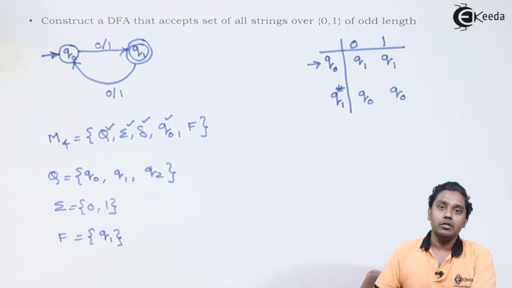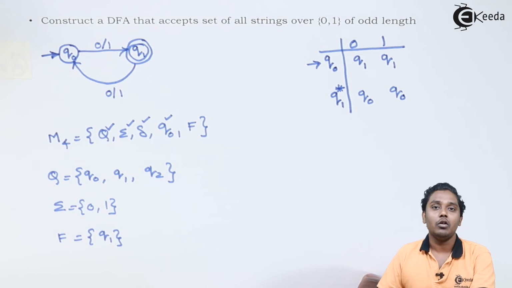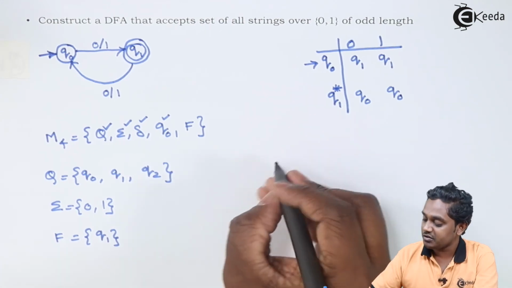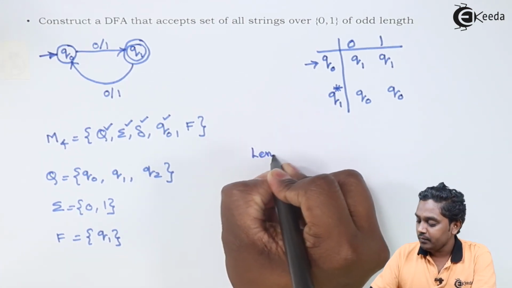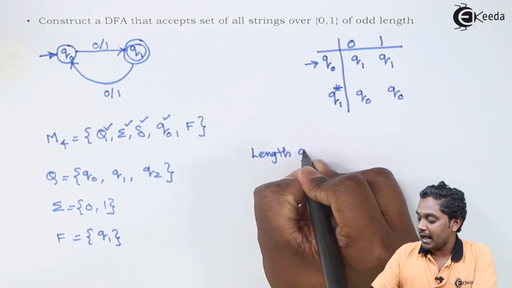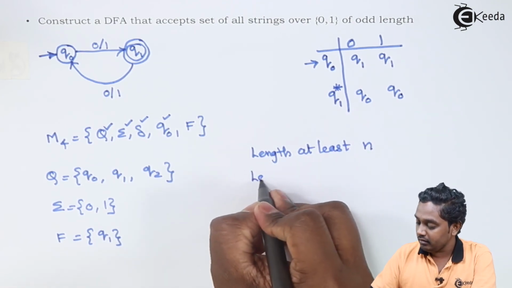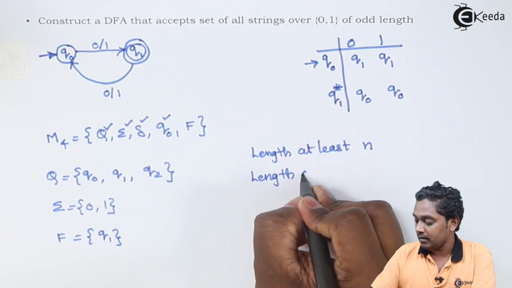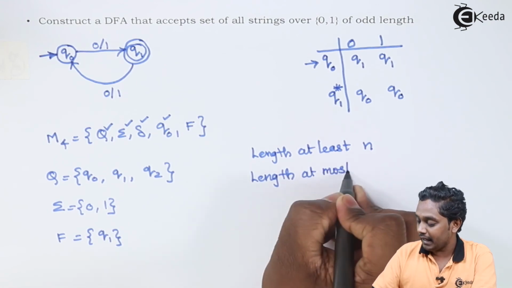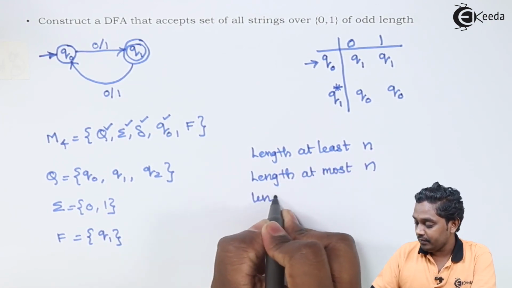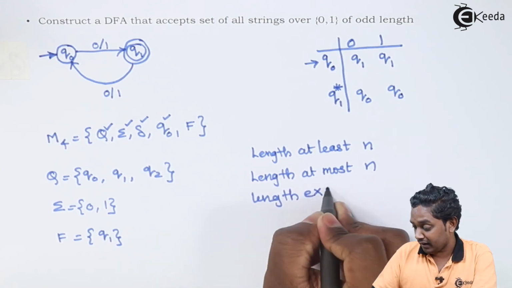There is a particular question which asks the number of minimal states required to design a DFA for various given conditions. We have already seen 3 questions. The first one was having a string of length at least 3. Let's say a general case of length at least n. Similarly, length at most n and length exactly n.